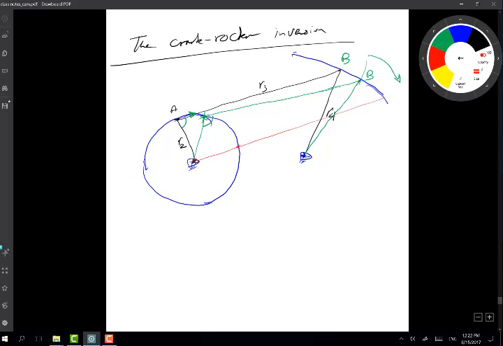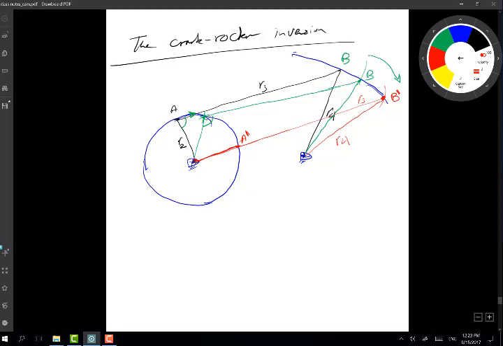You'll find point A, I'm going to call it A prime here, and this length here will be R3, and this will give me R4. So this is the prime. All right, so this will be my first extreme position.